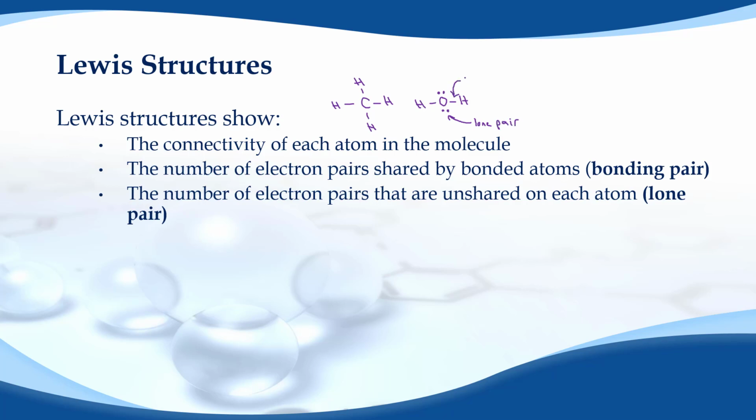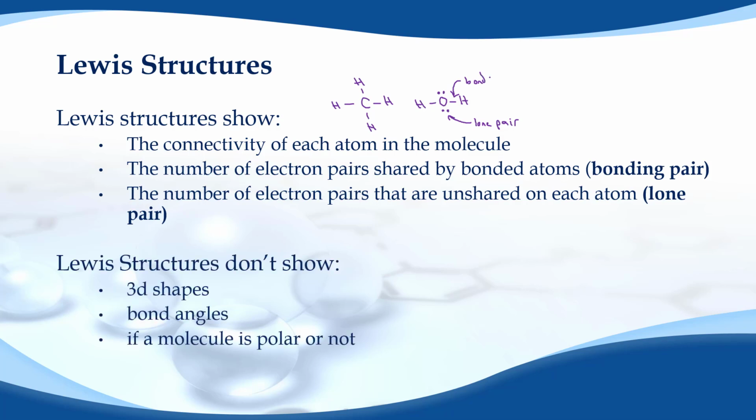Now, they aren't perfect. What they don't show is anything in 3D. This is something I see a lot whenever we ask a question about this. I'll draw a Lewis structure and people will think that the bond angles are 90 degrees because they're drawn top, bottom, left, and right, instead of in 3 dimensions, where, as we'll go over in a later video, electrons will try to spread out as much as they can, and the angles are almost never 90 degrees.